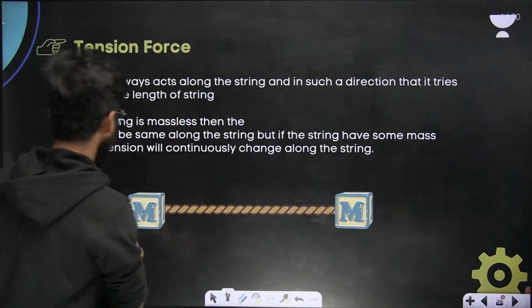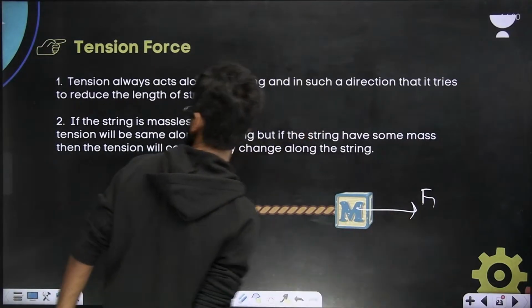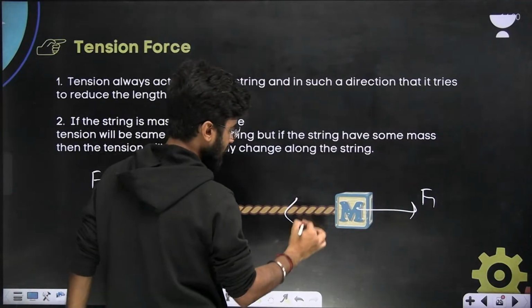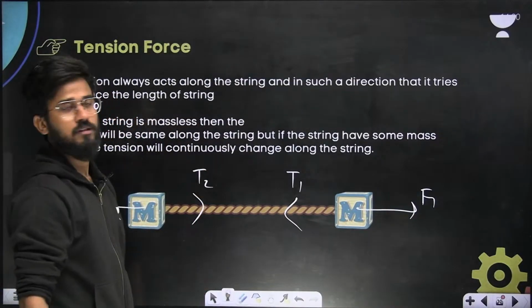So if we are pulling with F1 and F2, this is trying to stretch, and this is also applying T1, and this is also applying T2.